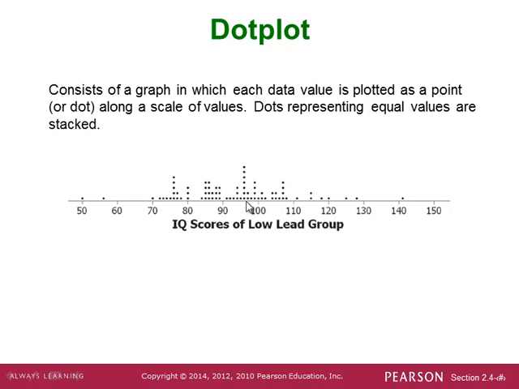Over here, we've got approximately 1, 2, 3, 4, 5, 6, 7 readings of about 96, and so forth. Yeah, that's a dot plot. You don't see it very often. It's a lot less common than they used to be decades ago, but you'll see them crop up once in a while.